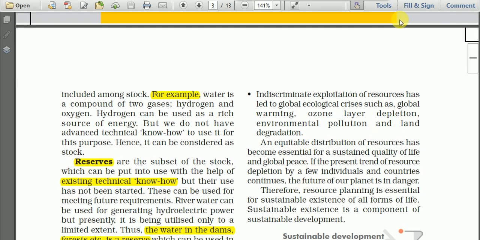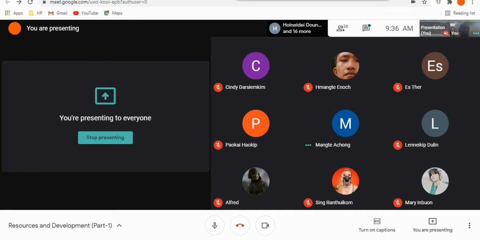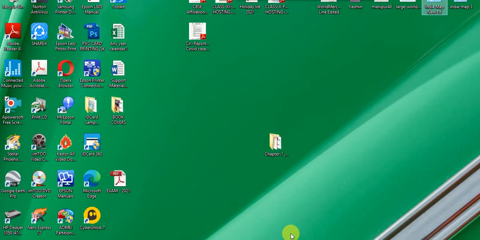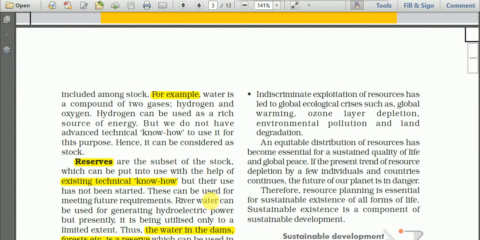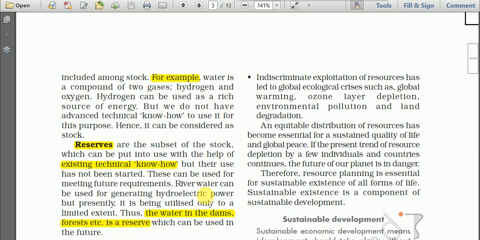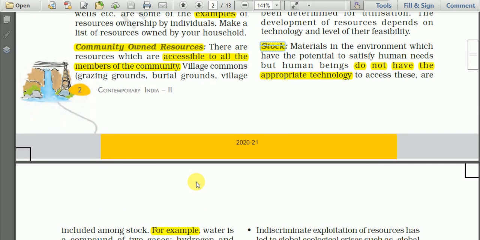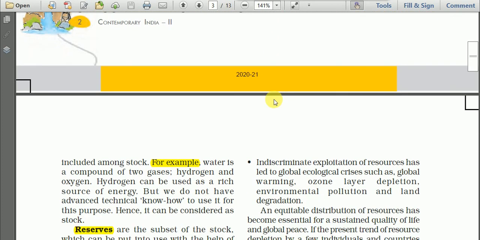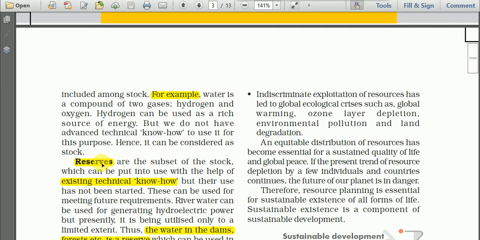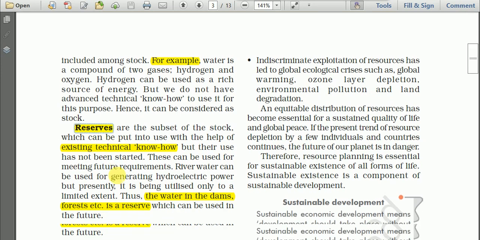In the case of reserve, these are the materials which can be used using the existing technology, but their use has not been started. Remember, in both cases, the utilization has not been started. In the case of stock, it is due to lack of technology. In the case of reserve, utilization is not started, keeping for the future.